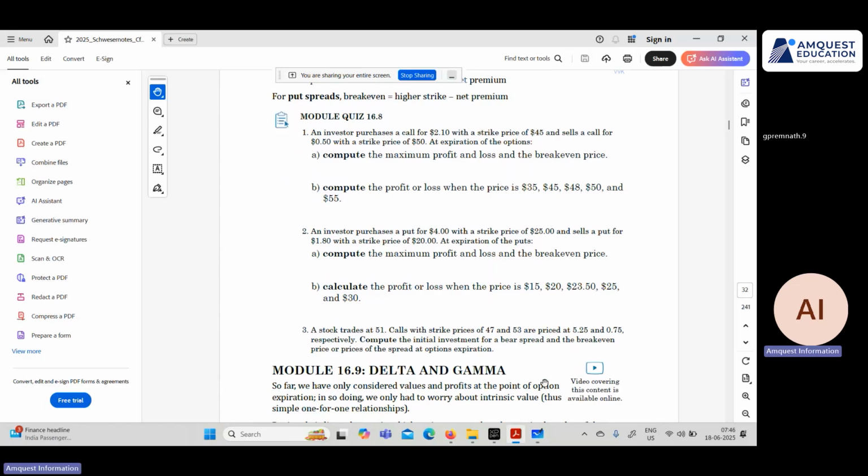The problem is, if they wouldn't have mentioned this word, we would have taken it differently. But when it comes to a bear spread, our strategy is that we buy at a higher strike price and we sell at a lower strike price, isn't it?